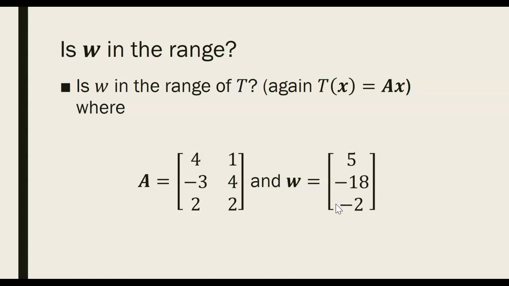If it does not have a solution, then w must not be one of the images. All right, so let's go ahead and do that. I'm going to click on the Word document that we have. I want you to pause the video and try to solve this yourself, and then I will click on and show you how it's done.